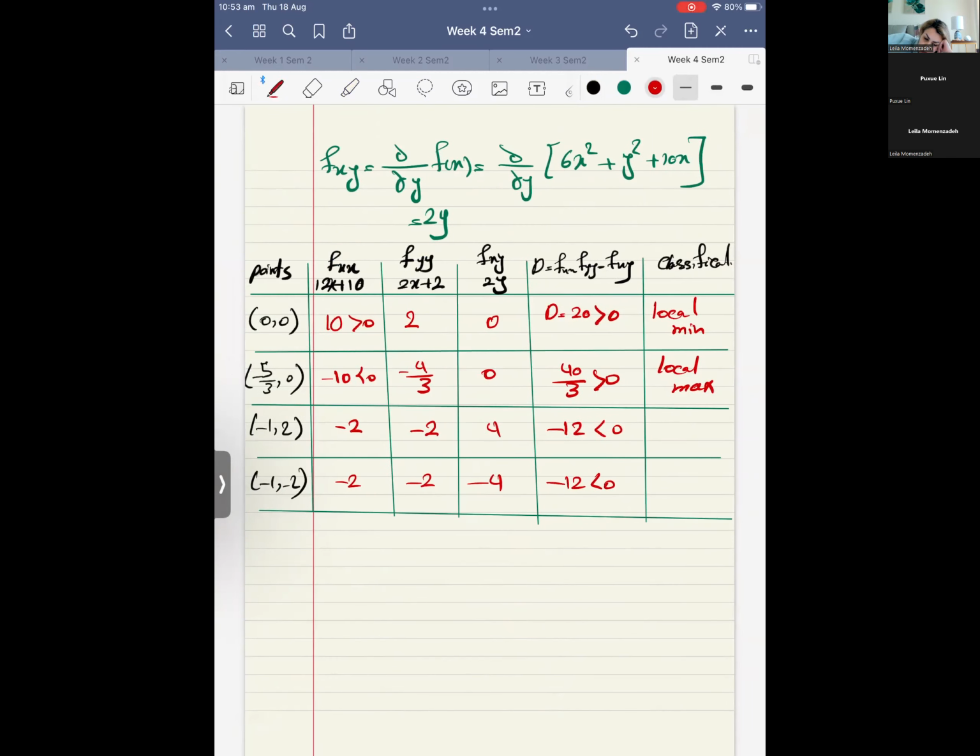Here is the saddle point, and here is the saddle point again. It means that you don't need to have a graph. Without a graph, with the second derivative, you can find which point is the local minimum and local maximum.